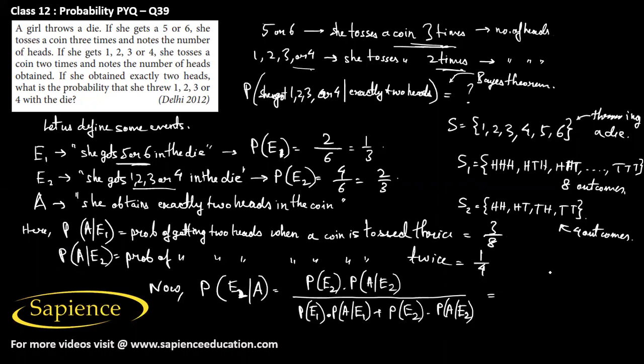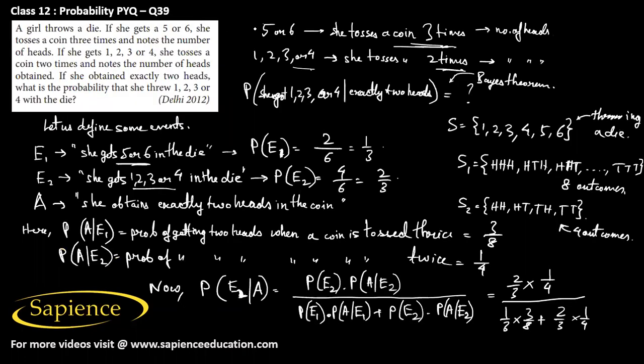So P of E2 is 2 by 3 and P of A given E2 is 1 by 4, divided by P of E1, that is 1 by 3, times P of A given E1, that is 3 by 8, plus P of E2, that is 2 by 3, times P of A given E2, that is 1 by 4. So we have to solve this and find out.